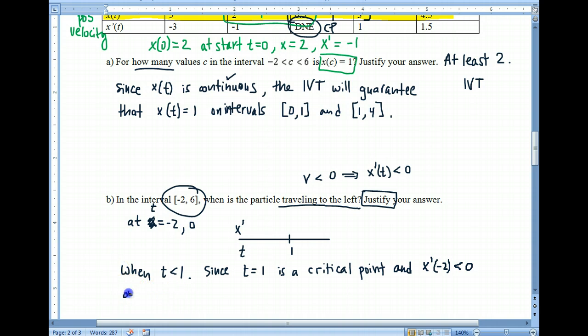And good, so both points, and x prime of 0 is negative, less than 0. X prime of t will be less than 0 for all values. For all t values on what interval?